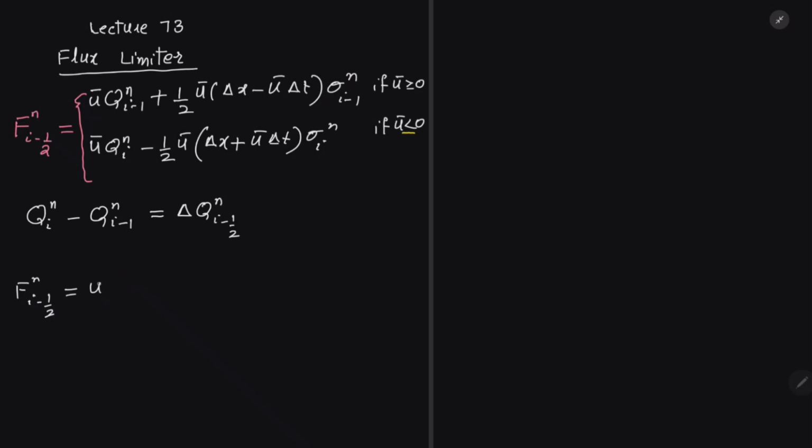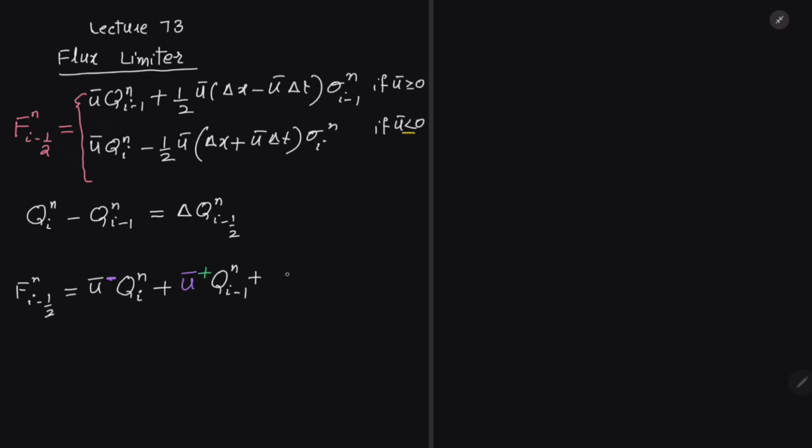We take u bar, which is constant, with a negative sign, and for negative we have Qni plus. Then we have u bar, speed of wave, now with a plus sign. Plus means u is greater than 0. Then we have Qn I minus 1.